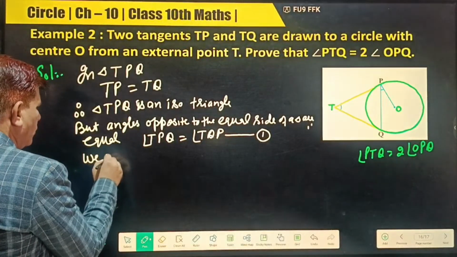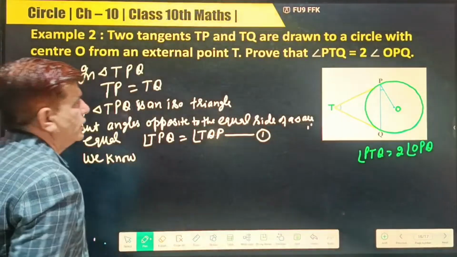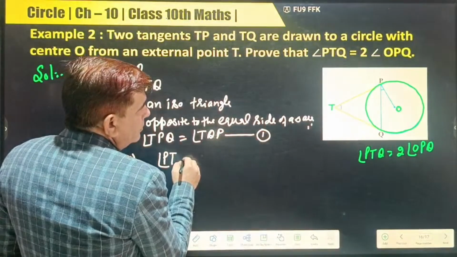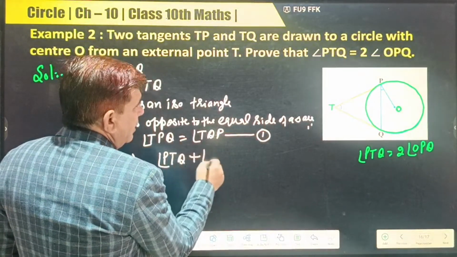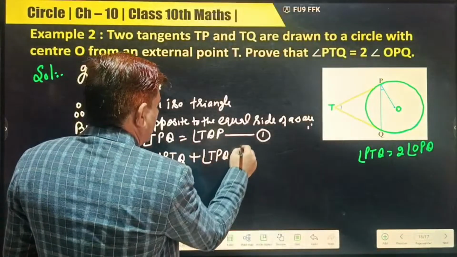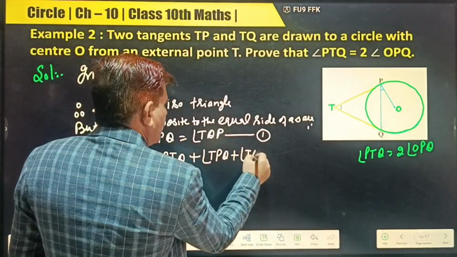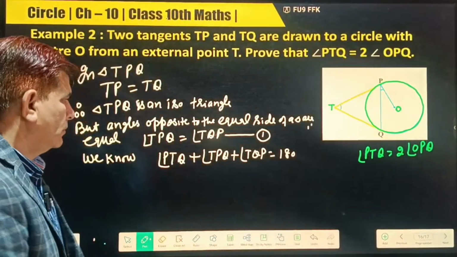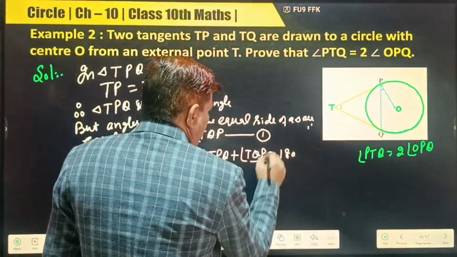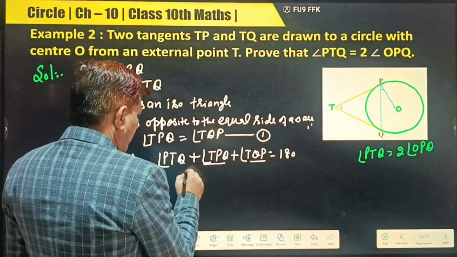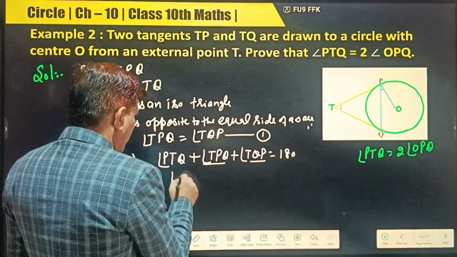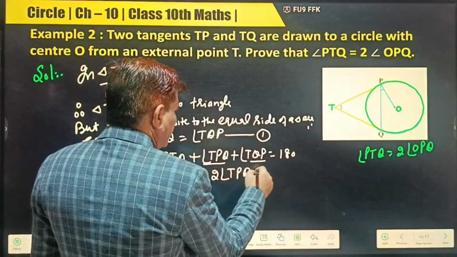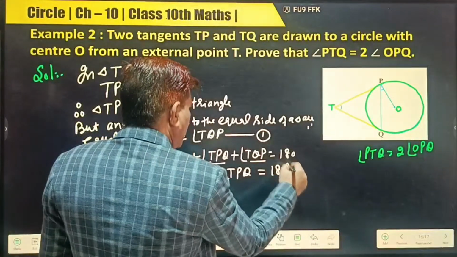This also we know, the sum of angles of a triangle is how many degrees? 180 degrees. Angle PTQ plus angle TPQ plus angle TQP is how many degrees? 180 degrees. But these both are equal. So we can write like this: angle PTQ plus twice angle TPQ is how much? 180 degrees.